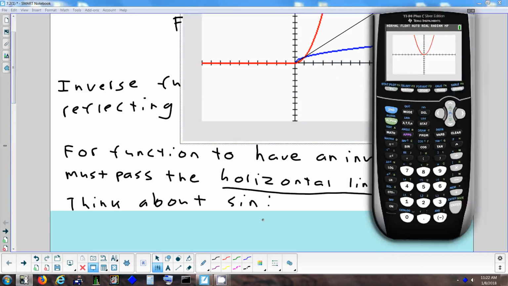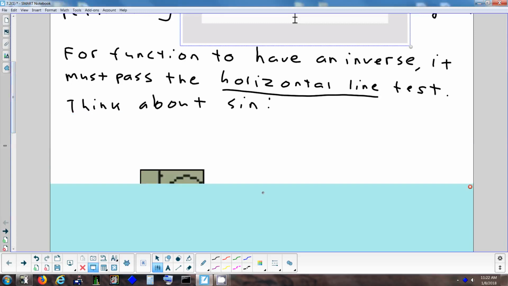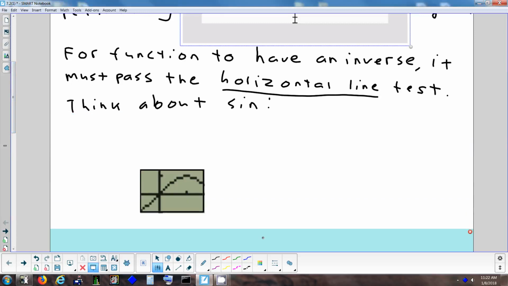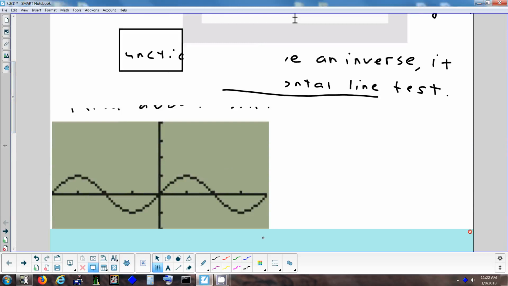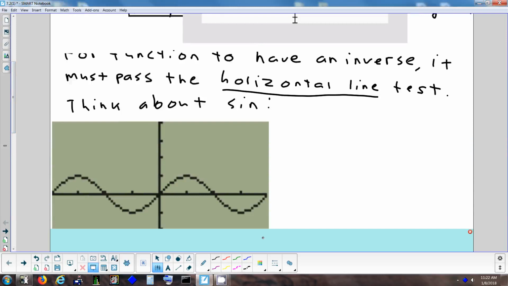And then it works. Well, let's think about the graph of sine. Okay, here's your graph of sine. If I were to draw a horizontal line, would it hit the graph more than once? Oh yeah, it's going to hit more than once.